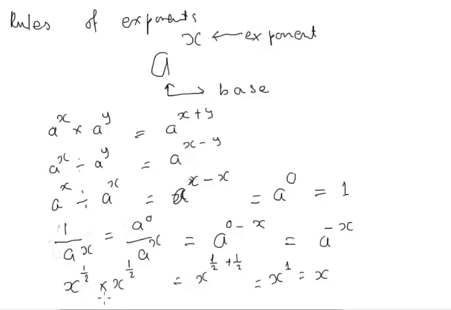Look at this thing here at the bottom. You multiply x to the power half by x to the power half, you get x. So x is the square of x to the power half, isn't it? Let's say this is 2. 2 times 2 is 4. 4 is the square of 2, isn't it?